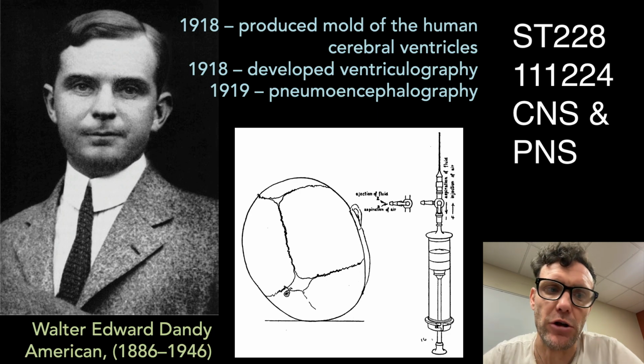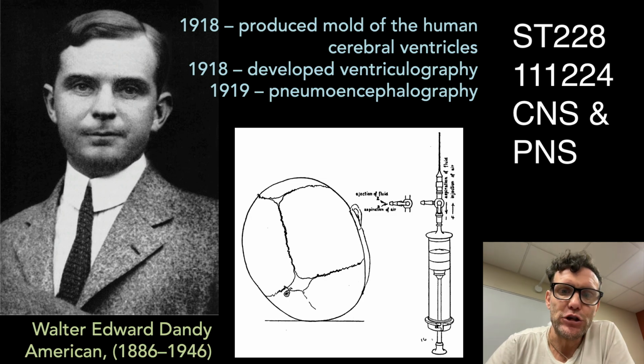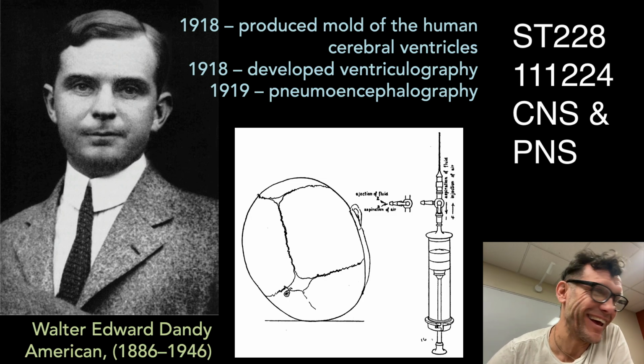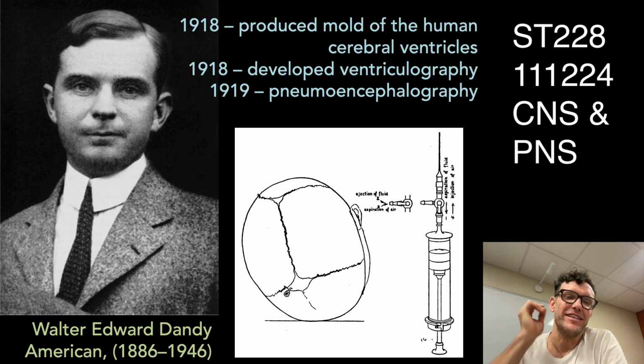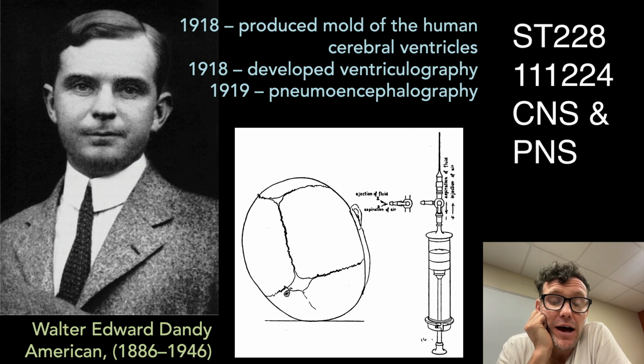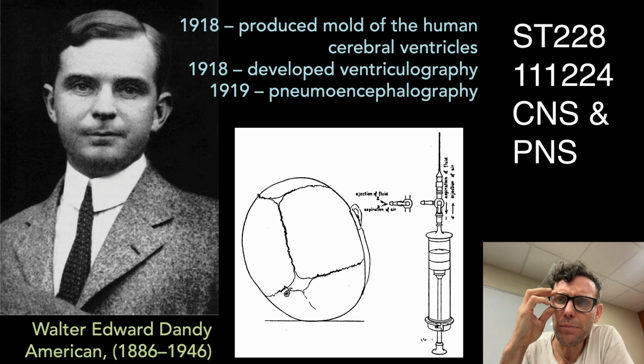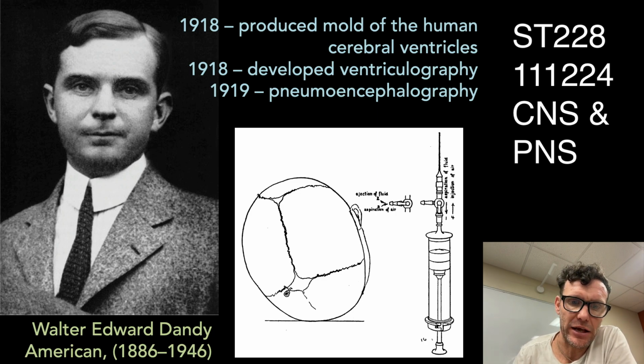Gotta say those slowly with braces. Ventriculography. I'll get these bad boys off soon. Pneumoencephalography. These were basically ways of visualizing the brain that they didn't have prior to this.